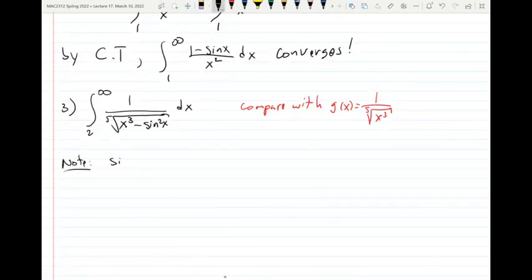Very good. So the observation here is to realize that sine squared is always greater than or equal to 0. Because of that, x cubed minus sine squared is less than or equal to x cubed, because you're doing x cubed minus something that's not negative.